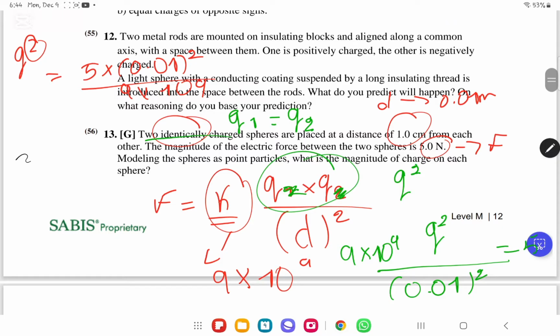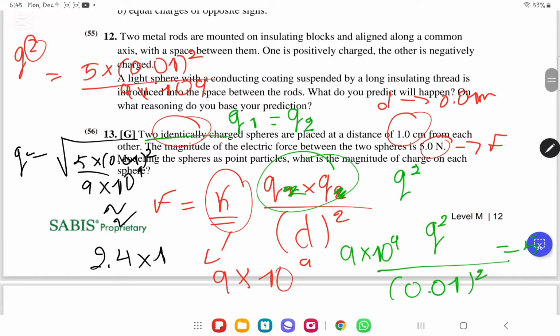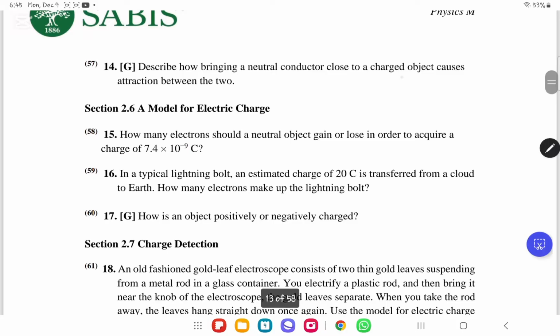So that means q is equal to radical 5 times 0.01 squared divided by 9 times 10 to the power of 9. Now, if you do it on your calculator, you are going to get approximately 2.357, which is 2.4 times 10 to the power of negative 7. So that is it for question number 13.